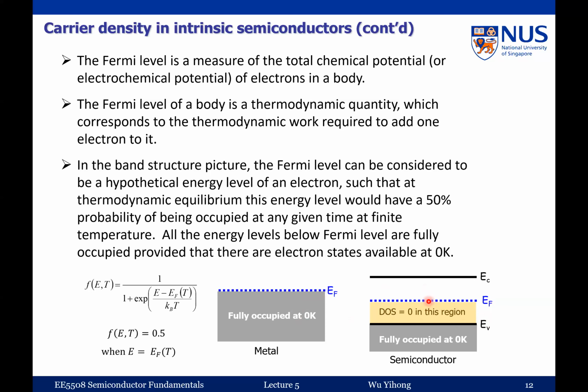That's because for a metal, it's very difficult to change EF. Why? Because you have so many electrons here, just like water in the ocean, right? You add one drop of water in the ocean, the surface of the ocean will never change. The water level will never change.